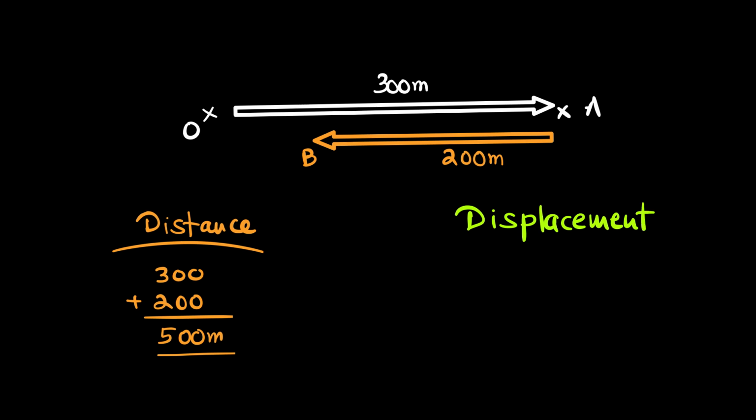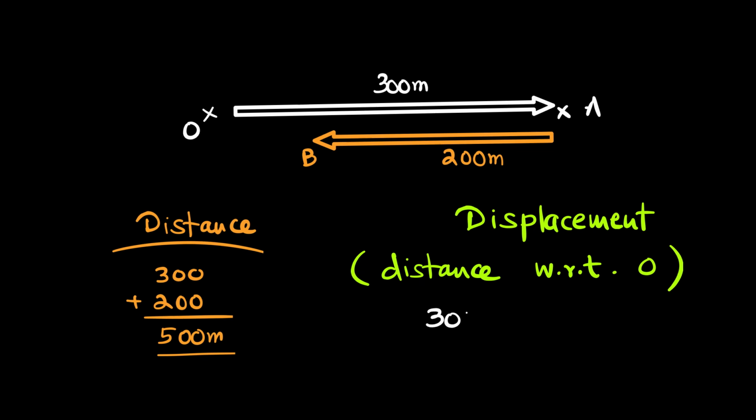Now let's talk about displacement. What do we mean by displacement? This is distance with respect to the starting point, which is O. So now the particle is how many meters away from the origin? That is 100 meters, because this is 300, this is 200, so 100 meters is left. And how can I do the calculation?